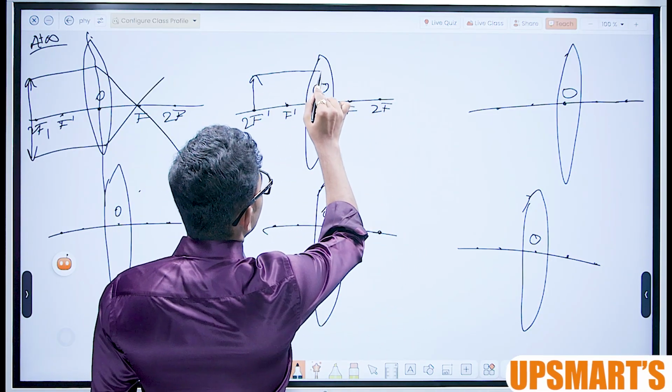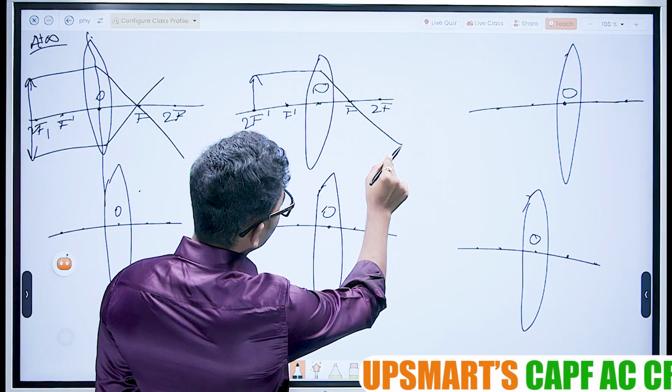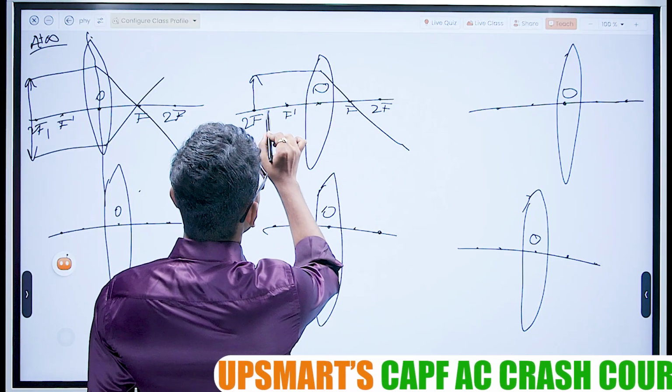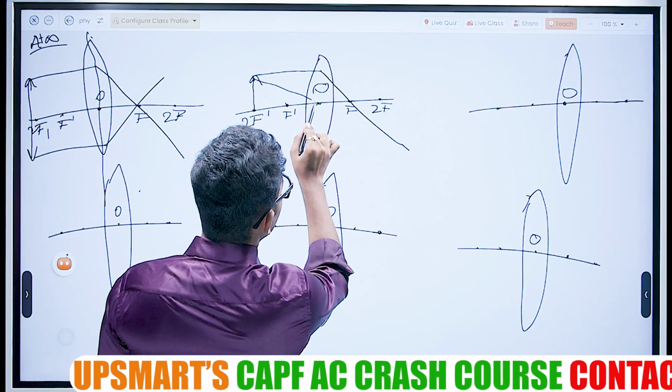See, the ray passing through here will go through the focus, then the optic center.